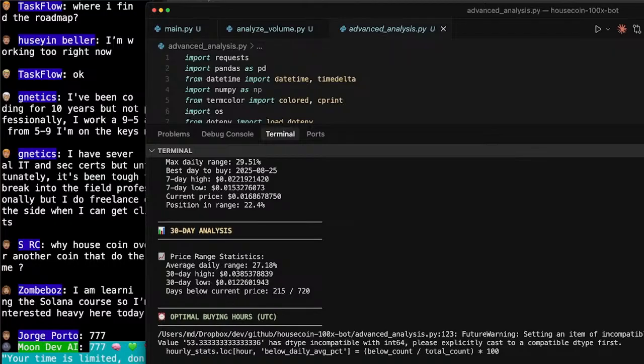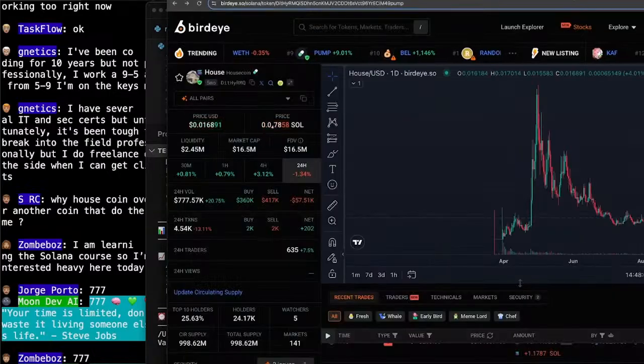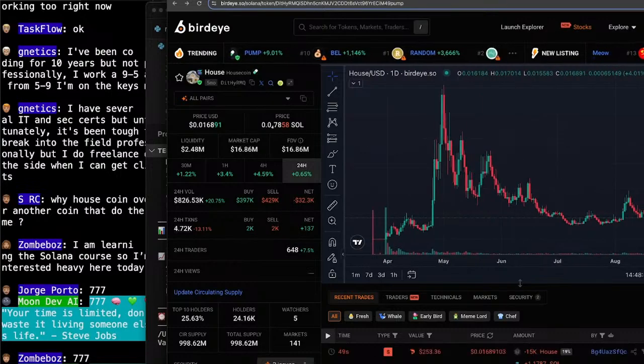Oh, I have another idea as well. I'm building a sophisticated dollar cost average trading bot. I'm trying to scale in and buy as much of the supply as possible on this token.